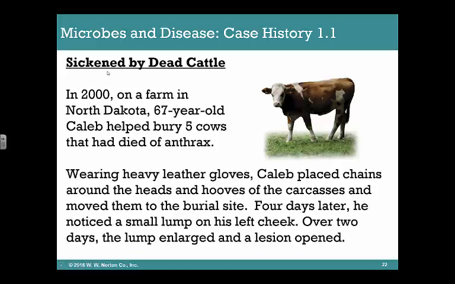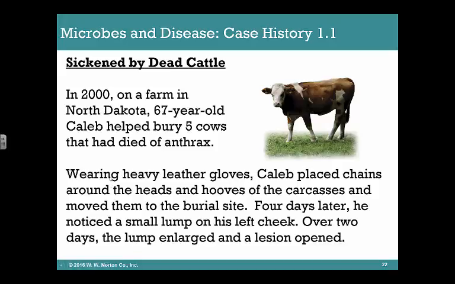So I'm just going to take a moment to go over this interesting case that's outlined in Chapter 1. A farm worker had the job of burying cows that had died of anthrax. Anthrax is an infectious disease that kills domesticated animals like cattle and sheep, and it's caused by a bacterium called Bacillus anthracis.